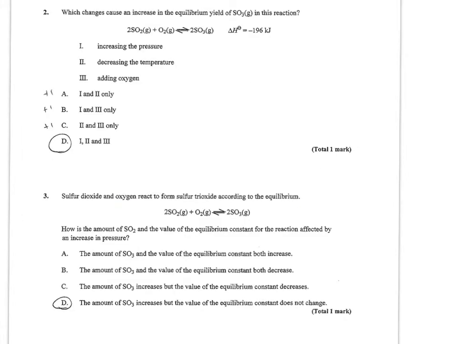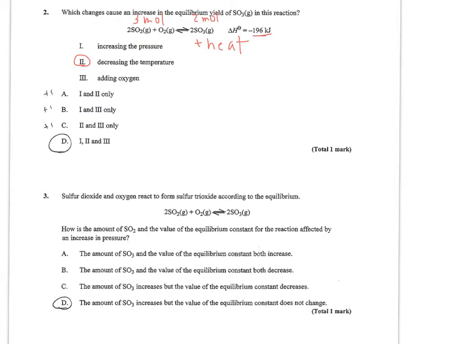Number 2, which changes cause an increase in the equilibrium yield of SO3 in this reaction? Again, it's exothermic, so heat can be considered a product. So I would want to decrease the temperature or remove heat. So 2 is going to be in there. As far as pressure, I have 3 moles on the reactant side and only 2 on the product side.